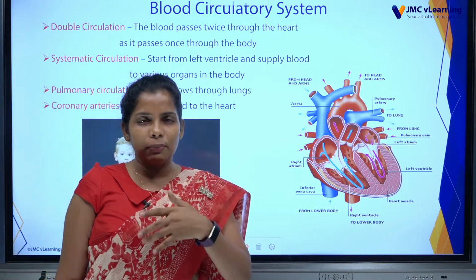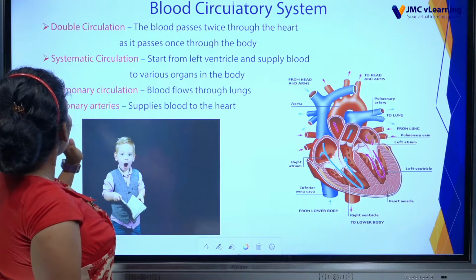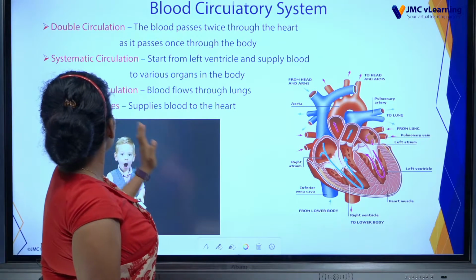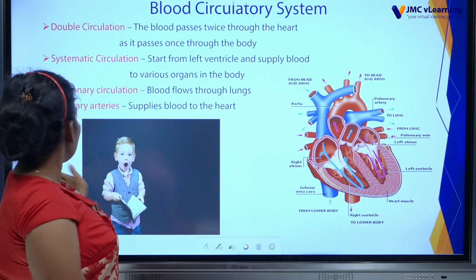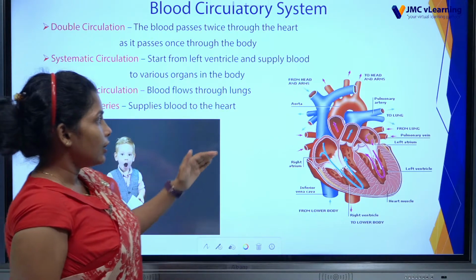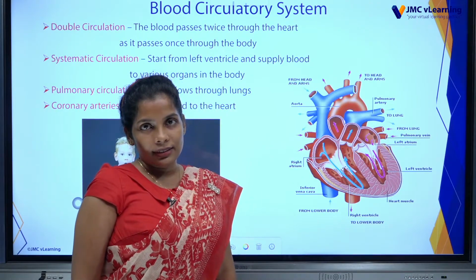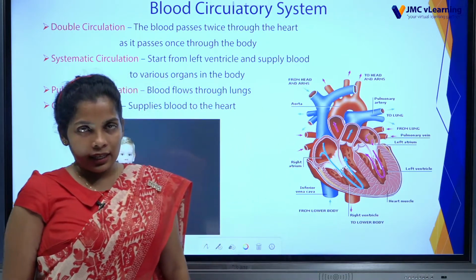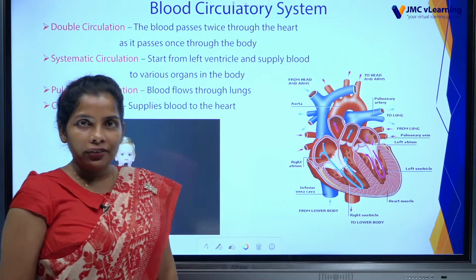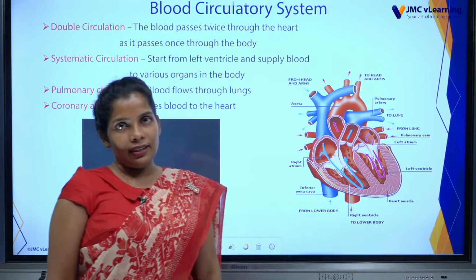I am just going to say the main points in this system, right? You just have to know about double circulation, systemic circulation, pulmonary circulation and coronary arteries. In here, these are the major parts of the human heart. There are 4 chambers in the human heart: left atrium, left ventricle, right atrium and right ventricle.